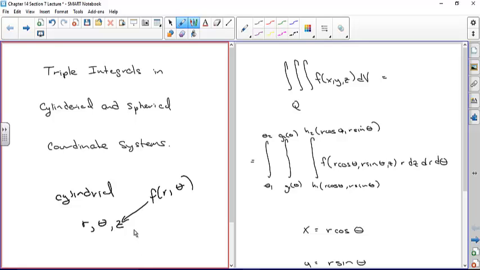Otherwise you couldn't really do the integral. And typically the order is you do it with respect to z first, and then with respect to r, and then with respect to theta.